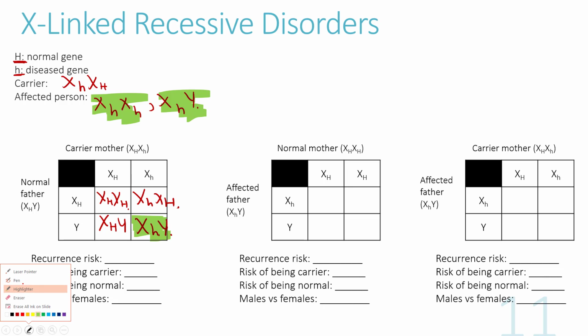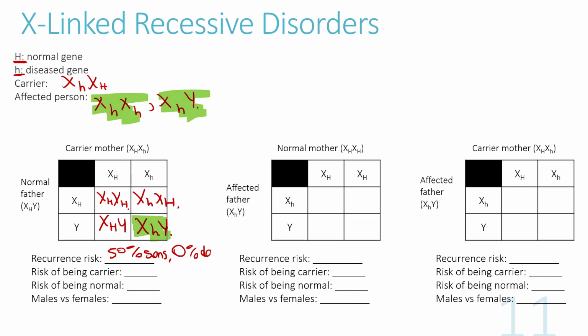So out of the boys, you have 50% sons and 0% daughters affected. The risk of being a carrier only exists in the daughters, so 50% of the daughters are carriers.